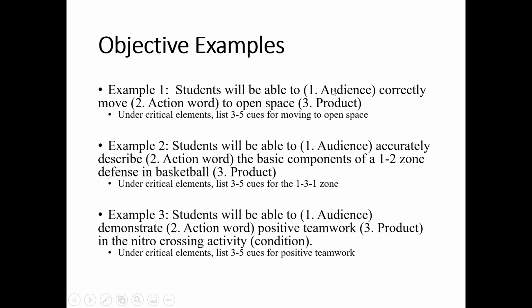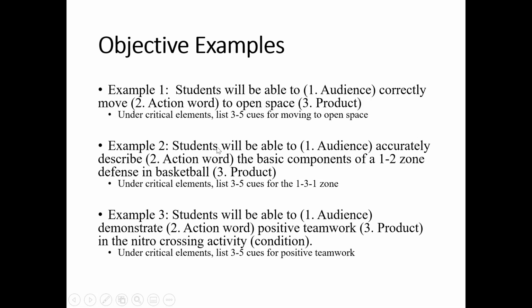Students will be able to, which is the audience, correctly move, which is the action word, to open space, which is our product. Under critical elements of your lesson plan, you're going to list the 3 to 5 cues that you would use for moving to open space. So teach me how to move to open space in 3 to 5 critical elements or cues.